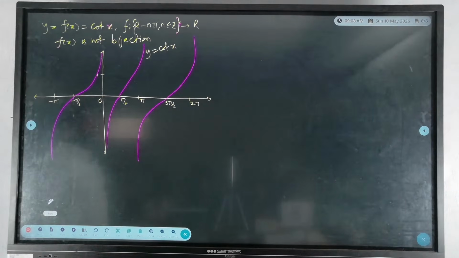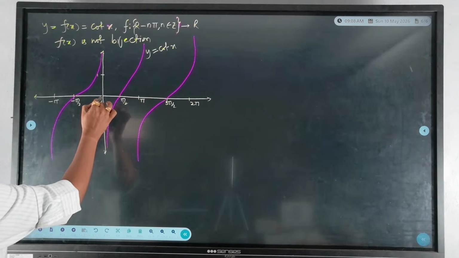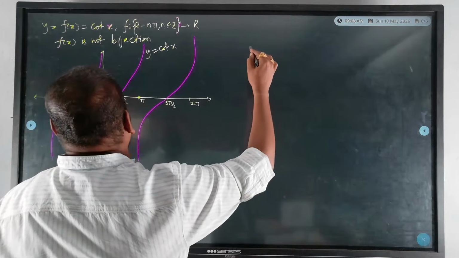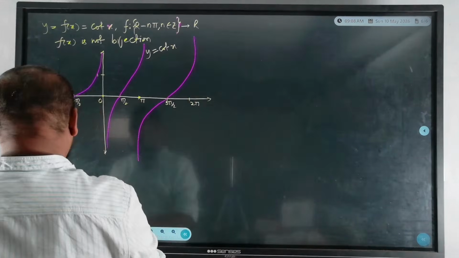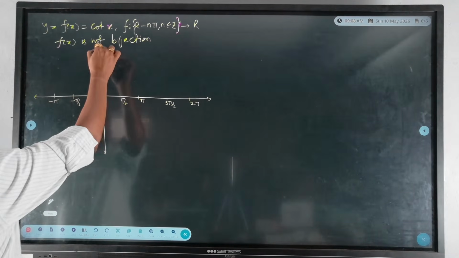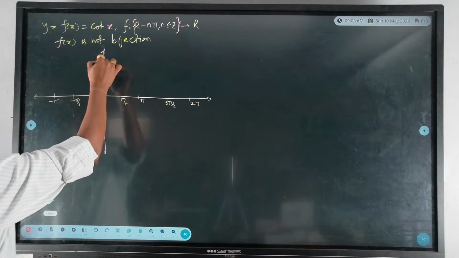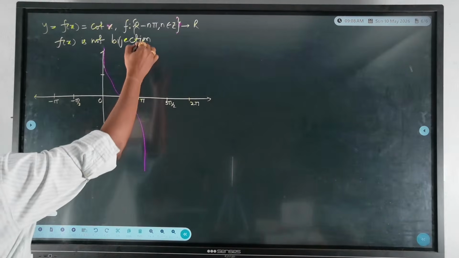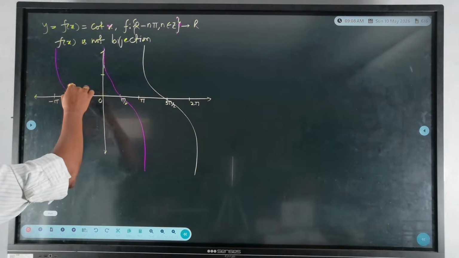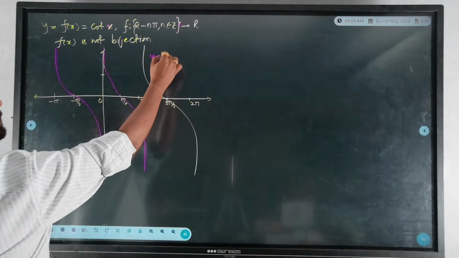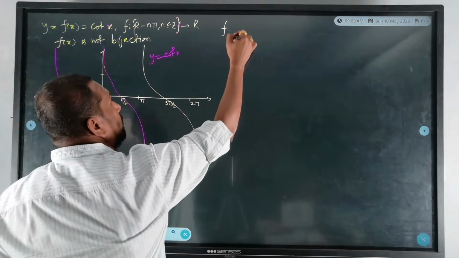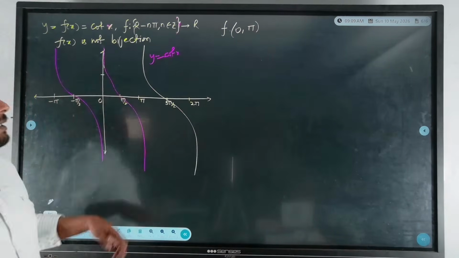If we restrict this domain, from 0 to pi, if we take open 0 to pi, it does not include pi multiples.